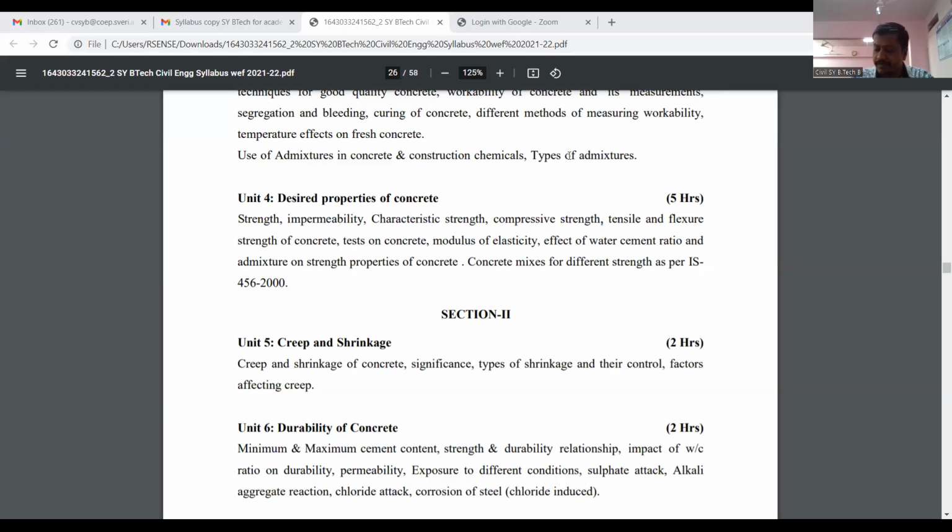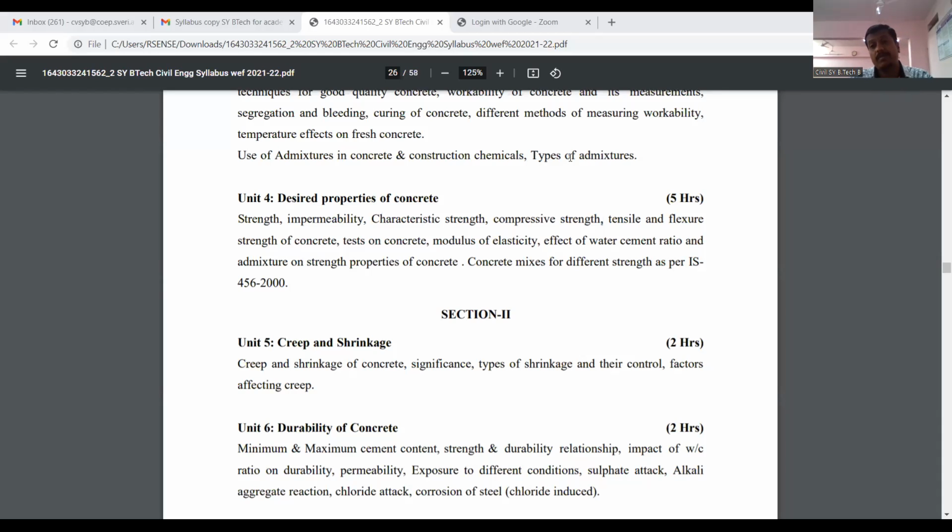It is the property of the material by virtue of which the material regains its original shape and size after removal of the load. Correct? I have studied it long back, but you still have to remember the applicable definitions. So basically, modulus of elasticity is nothing but the ratio of the stress to strain.